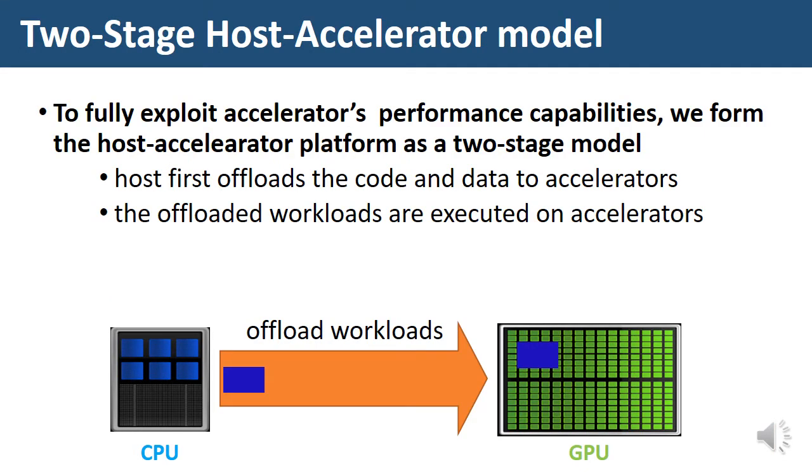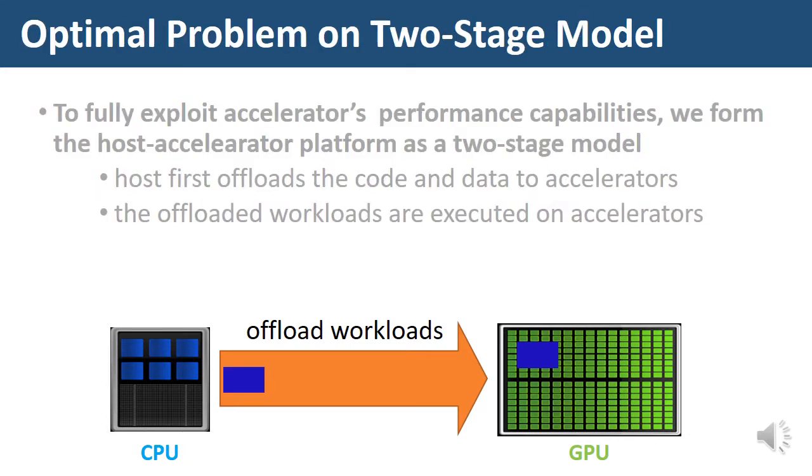To fully exploit the accelerator's performance capabilities, we model the host-accelerator platform as a two-stage model. At the first stage, the host offloads the code and data to the accelerators. And then the offloaded workloads are executed on the accelerators.